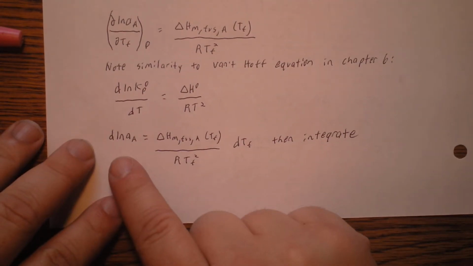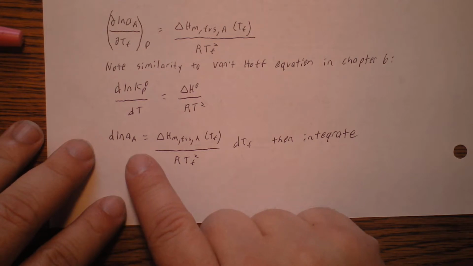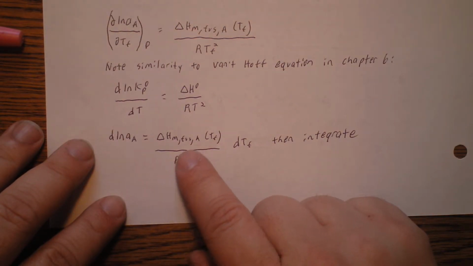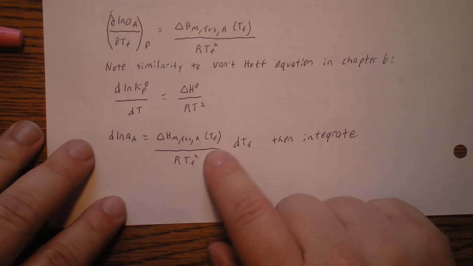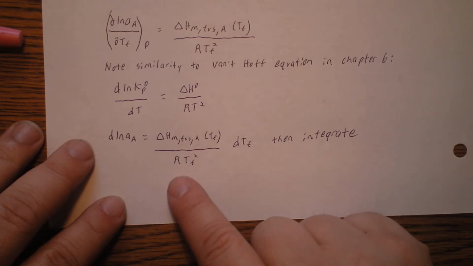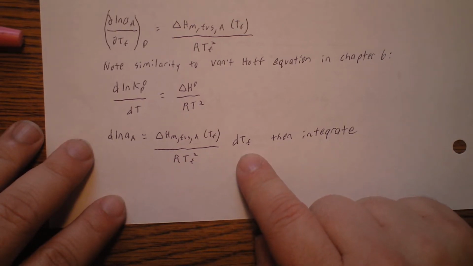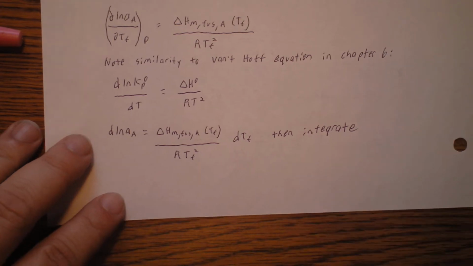Now we have the differential of the natural log of A is equal to the molar enthalpy of fusion at the freezing point temperature, divided by R times the temperature of freezing squared, times the differential of the temperature of freezing. Then we want to integrate that.